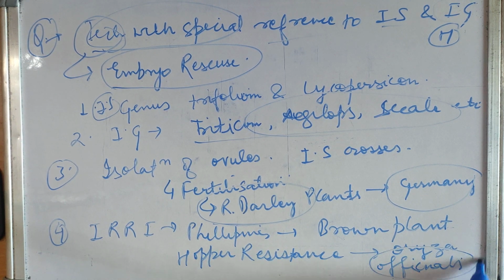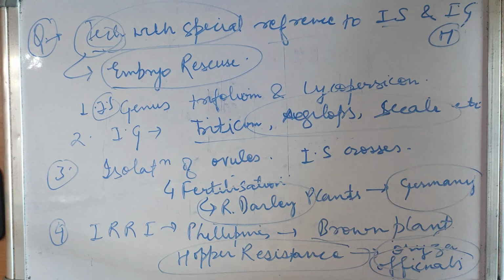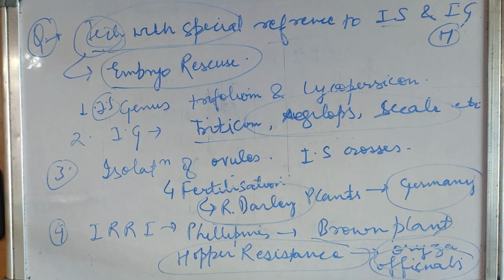So this is the wild species of rice, and from this we have got the brown plant hopper resistant gene, which has been transferred through crosses into normal rice, that is Oryza sativa.